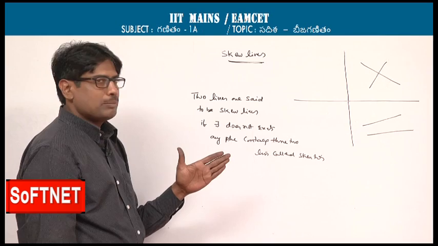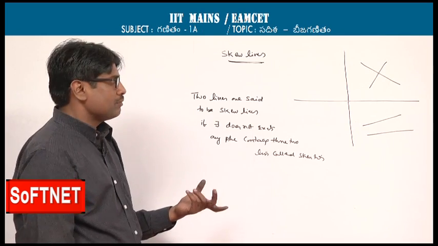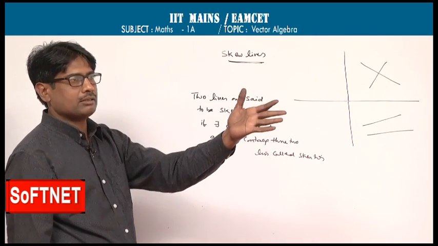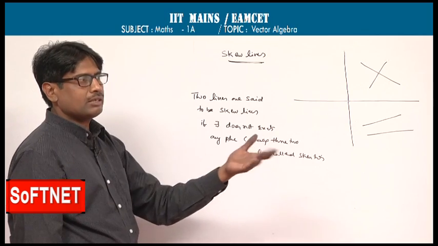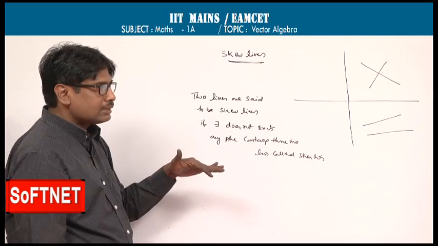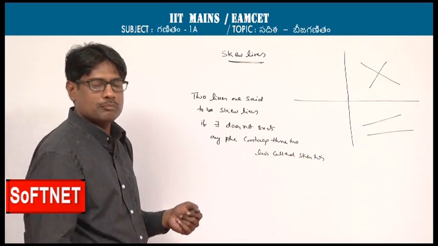Skew lines will be neither parallel nor intersecting lines. If you take a line in the first plane and a line in the second plane, then they definitely do not intersect. Those lines we call skew lines.